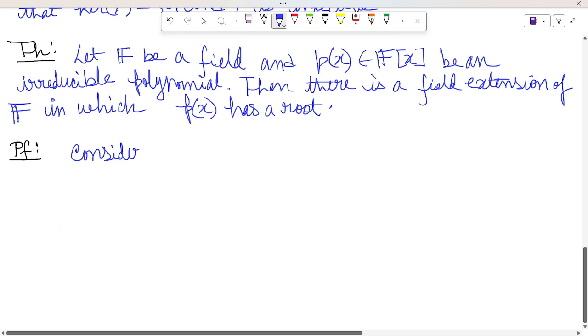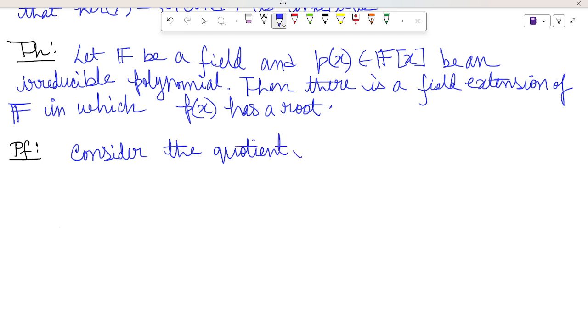Consider the quotient ring, which I will denote by K, which is nothing but F[x] modulo p(x).